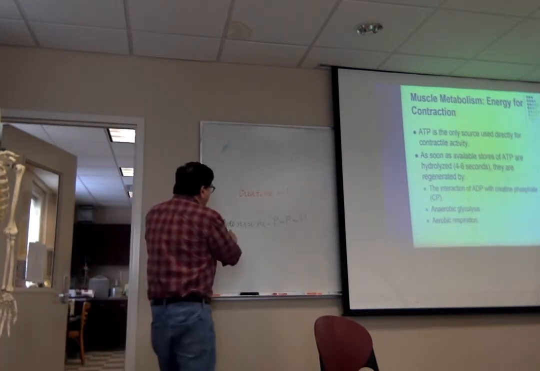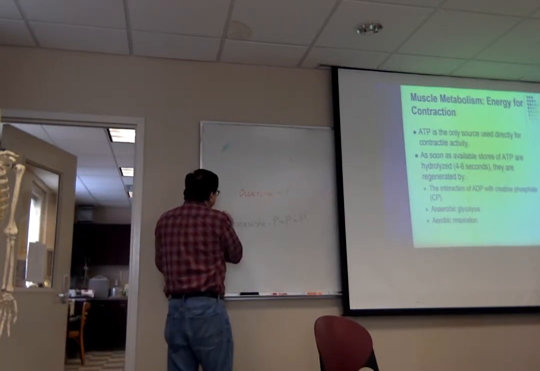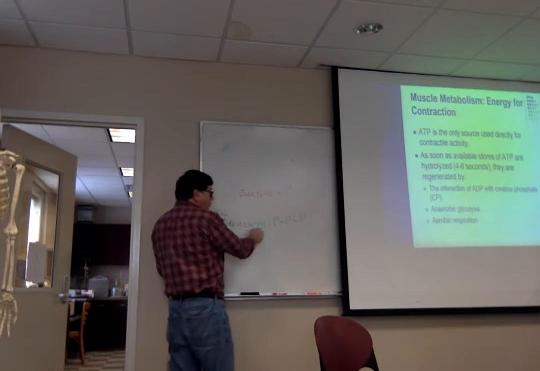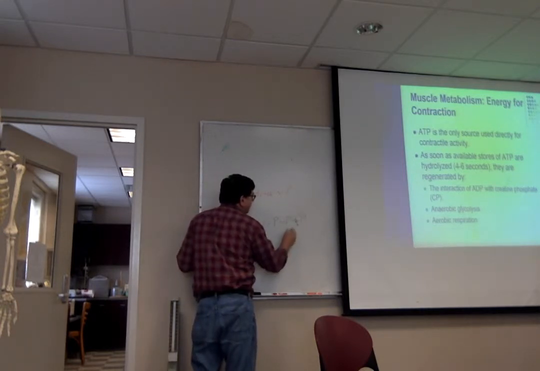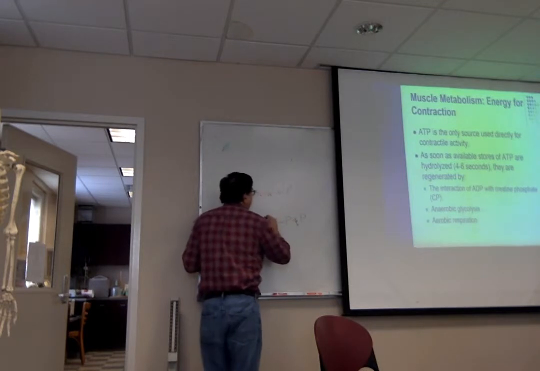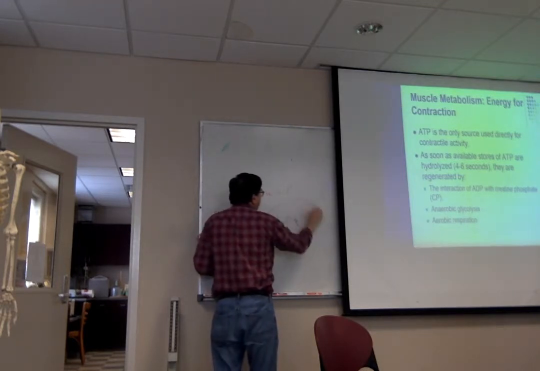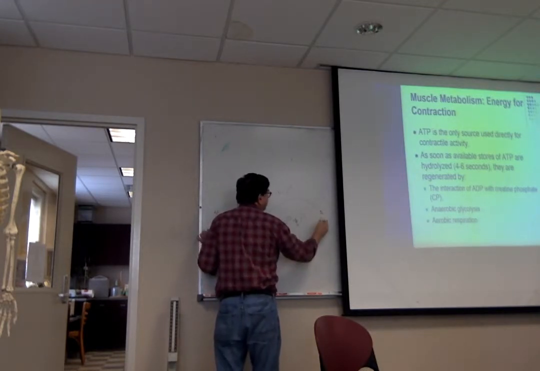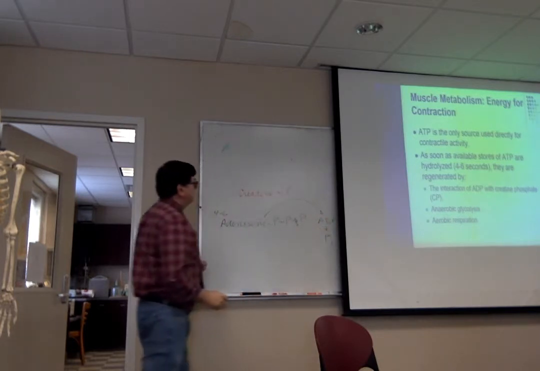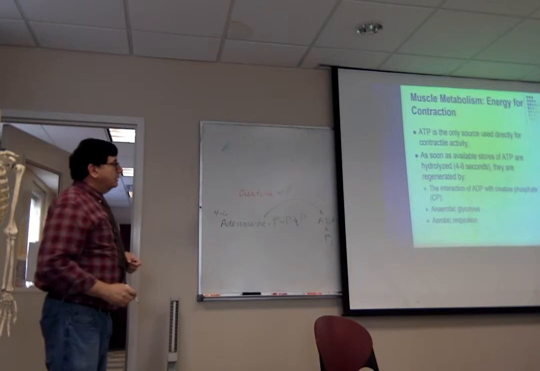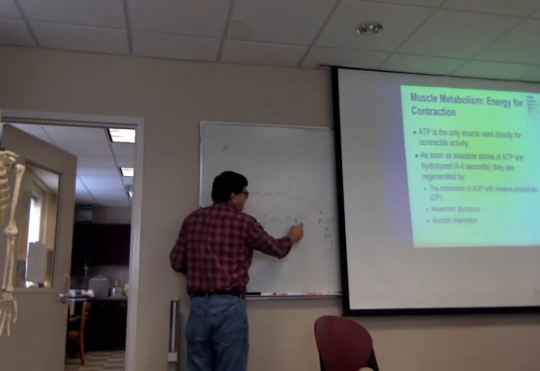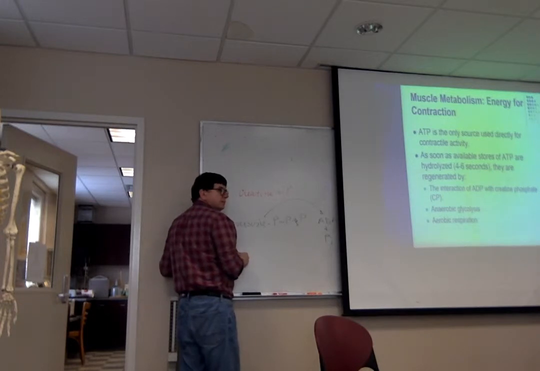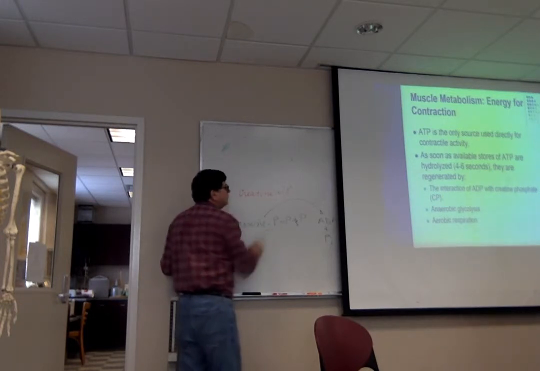Now, we store about 4 to 6 seconds worth of this ATP. When we use the energy stored in the ATP, we're really breaking this bond here and converting ATP to ADP and phosphate. Does that make sense? In other words, we're losing one of these phosphate groups, because ADP only has 2.